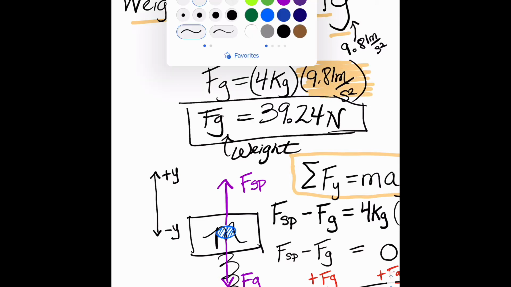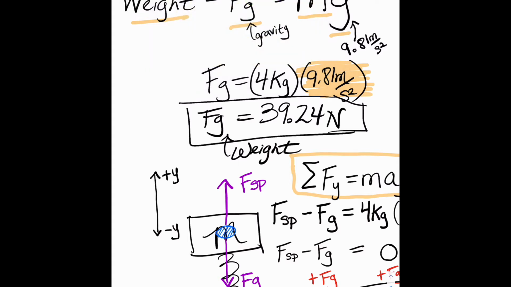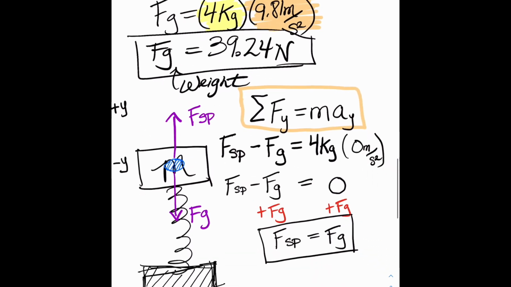But your mass or the crate's mass, the 4, will be the same regardless of the planet. But the orange part will change based on the planet. If you were on the moon, like I said before, I think this is about 1.6. So it's going to be a lot less on the moon, about 1/6 actually of 9.81.